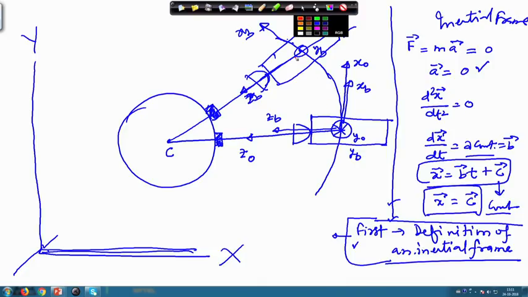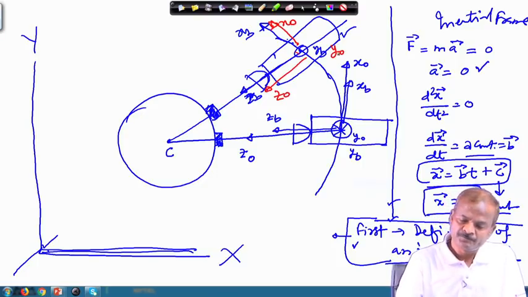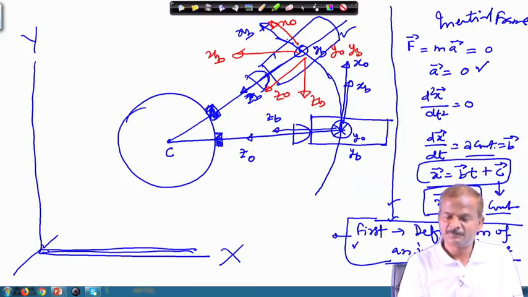Coming to this place, it may happen that you have the x0 direction here, z0 in this direction, and y0 here in this direction. So, instead of this direction, your x b may be looking something like this. This is the x b and this is the z b, and y b remains along the same direction. This means that with respect to the orbital reference frame, your satellite has changed its orientation.